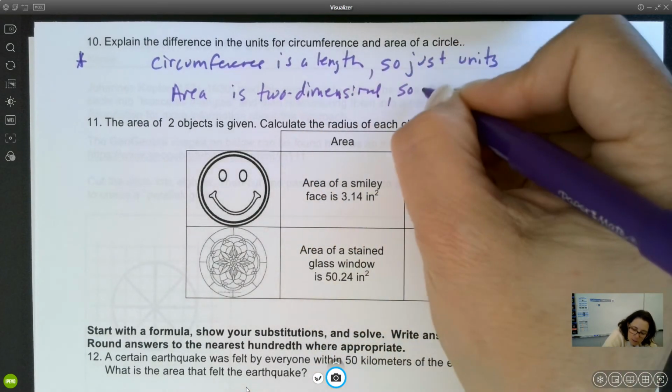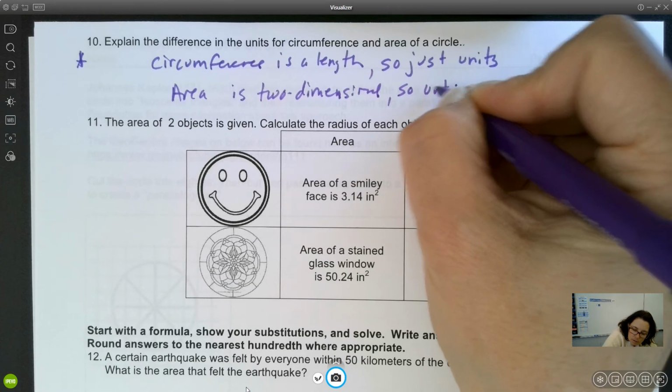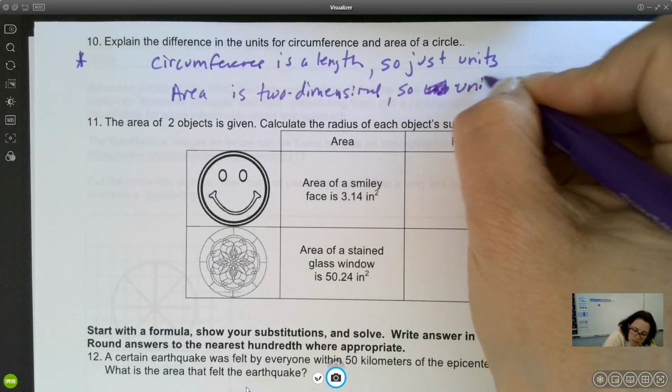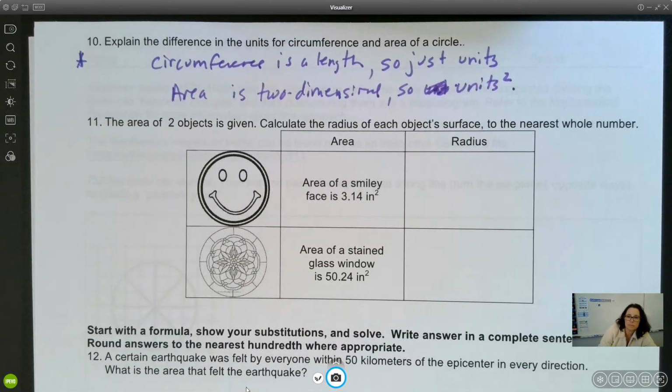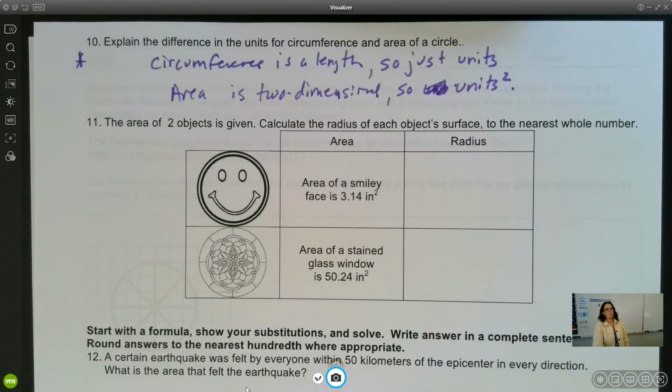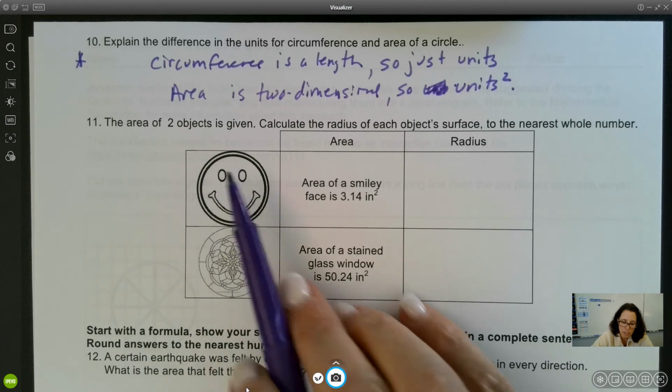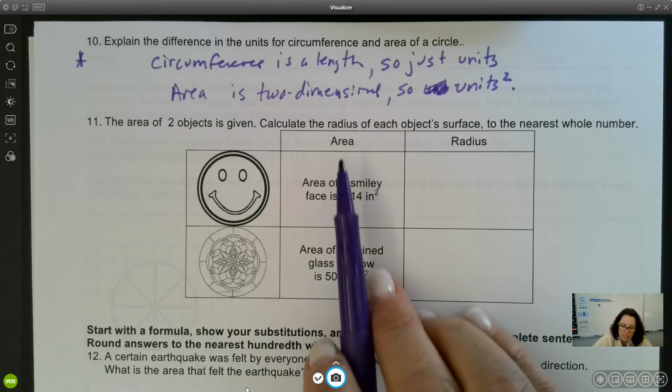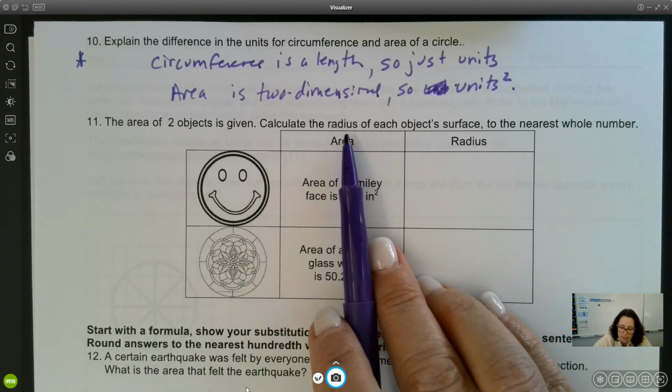So units squared. Okay, it's very important to understand you put a little squared on the units on area, but you don't on circumference.